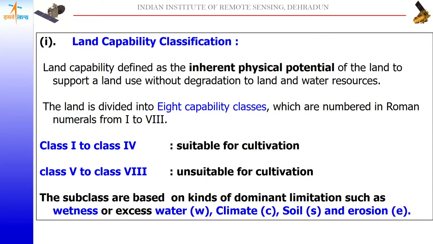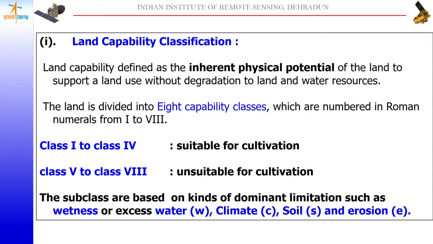Actually, the entire area cannot be used for agriculture. Class 5 to class 8 is unsuitable for agriculture, unsuitable for cultivation. And if it is not suitable for agriculture or even for forestry, then what are the reasons? So we define them in the limitations.